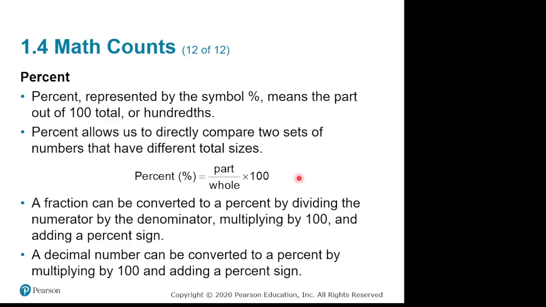Okay. So the percent is always calculated by taking the part that you're looking at, divided by the whole, and then times 100. Okay. So I got 20 questions correct out of 30 possible questions times 100. That gives me my percent correct on the exam, right?